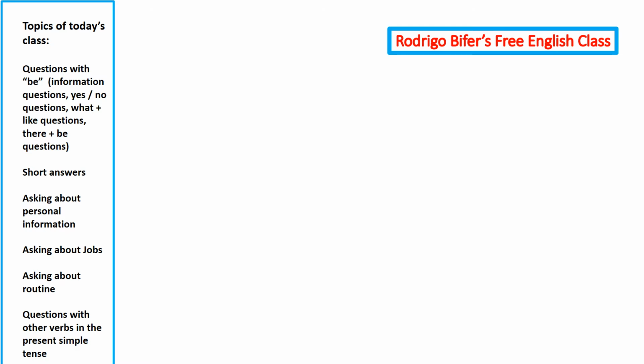We're going to talk about short answers, asking about personal information, asking about jobs, and asking about daily routine. We already talked about that, but now we're going to focus on questions and questions with other verbs in the present simple tense. So let's get going.